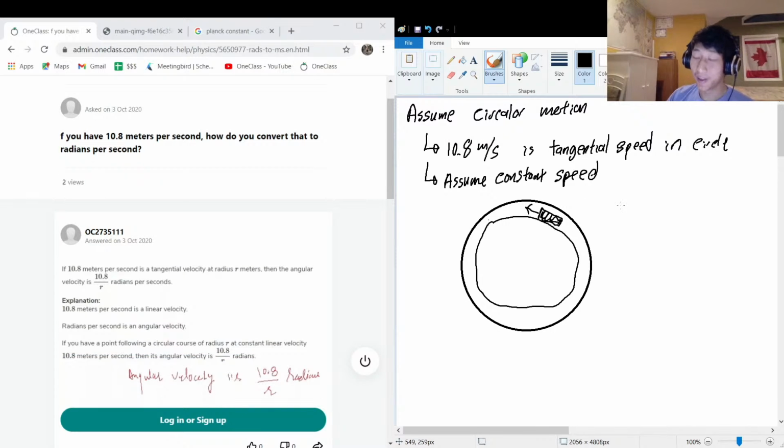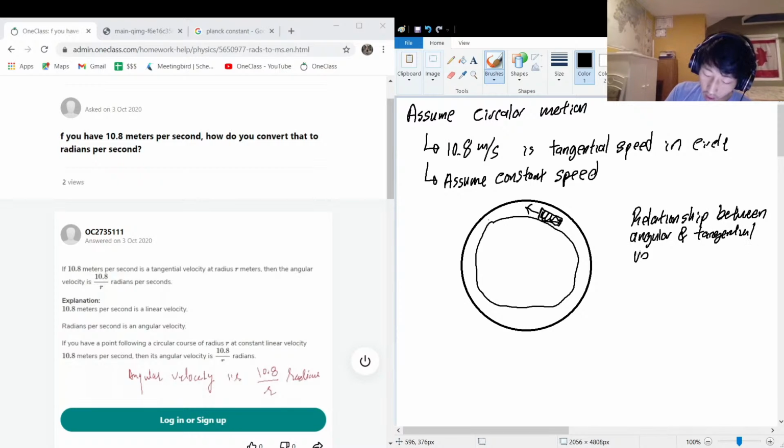Okay, so the equation that we'd like to use here to relate the relationship between angular and tangential velocity is this: r omega equals v. This is the radius.